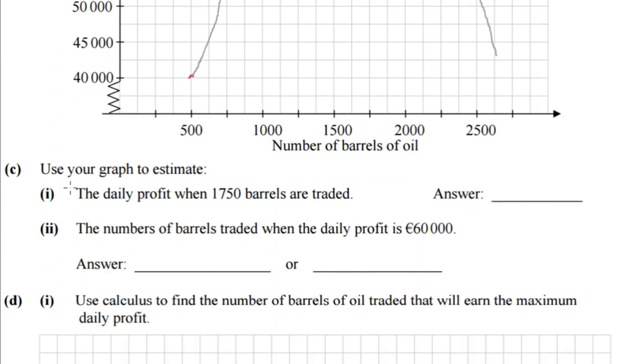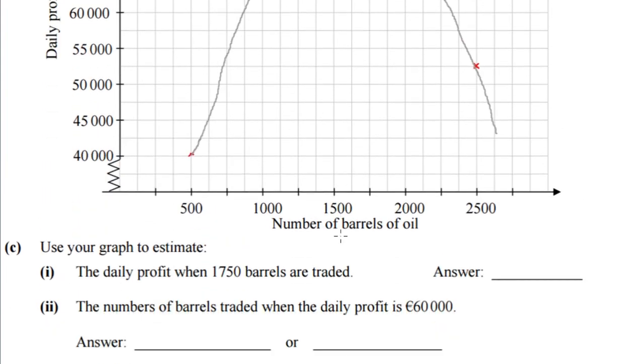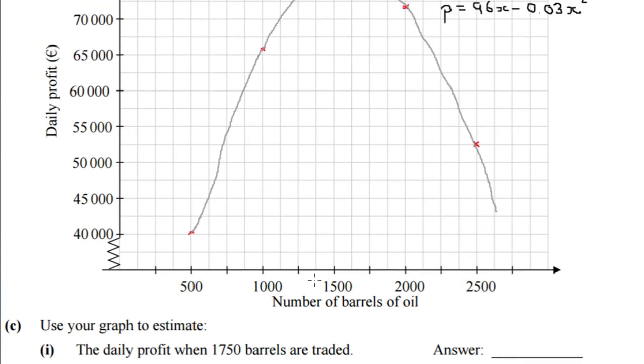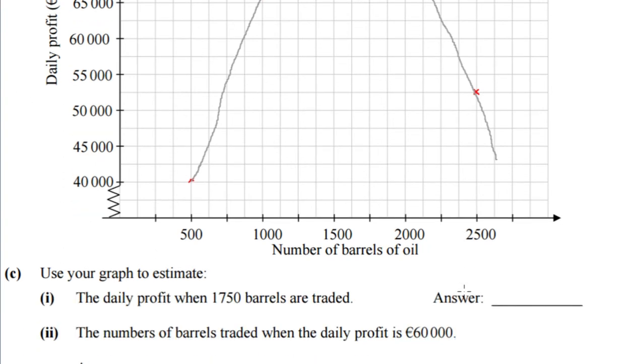So in part C here it says use your graph to estimate firstly the daily profit when 1750 barrels are traded, and secondly the number of barrels traded when the daily profit is 60,000. So I can use this graph here to predict these two. So I'm looking for the profit when 1750 barrels are traded. So I'm going to go to my curve here and come up from 1750.